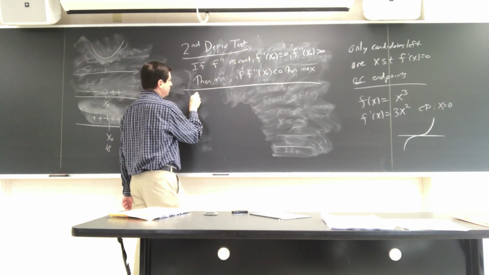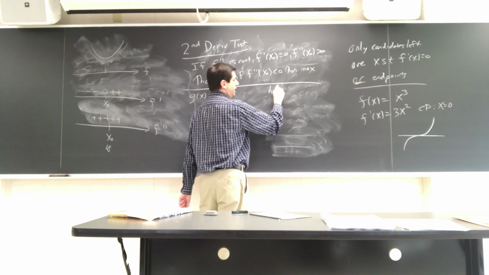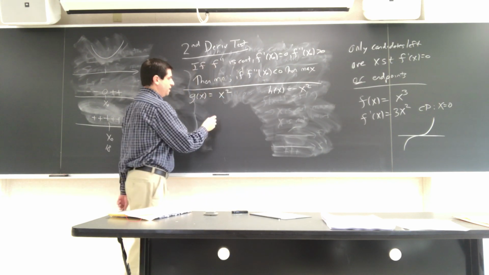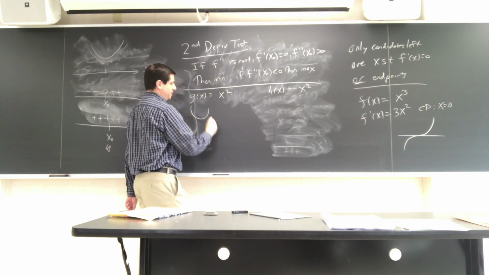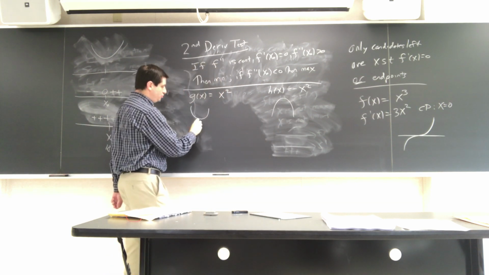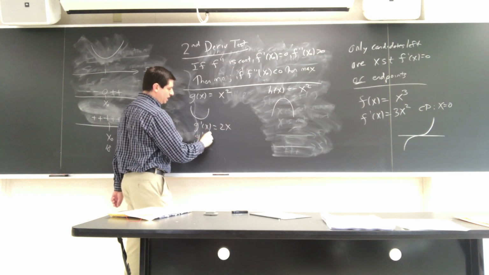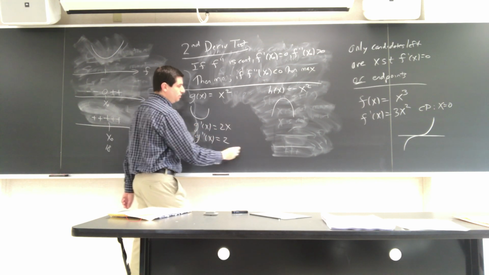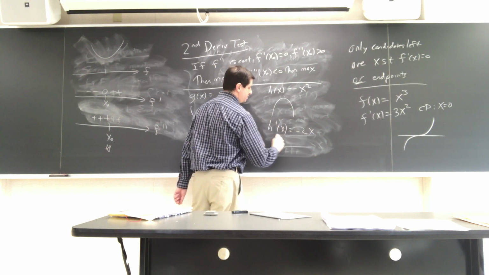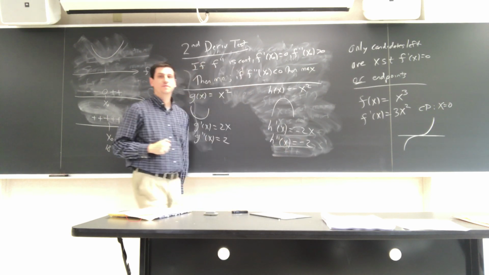So let's consider g of x is x squared, and h of x is negative x squared. If I plot these functions, that's g of x, that's h of x. G prime of x is 2x, g double prime of x is 2, h prime of x is negative 2x, h double prime of x is negative 2.